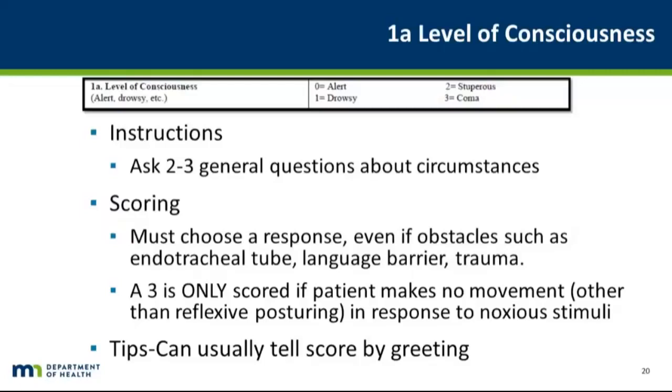To score a 2, the patient wouldn't really be alert. They would require repeated stimulation to arouse them, which may need to be painful. A 3 is only scored if a patient makes no movement other than reflexive posturing in response to noxious stimuli. You're usually able to score this one by your initial greeting.